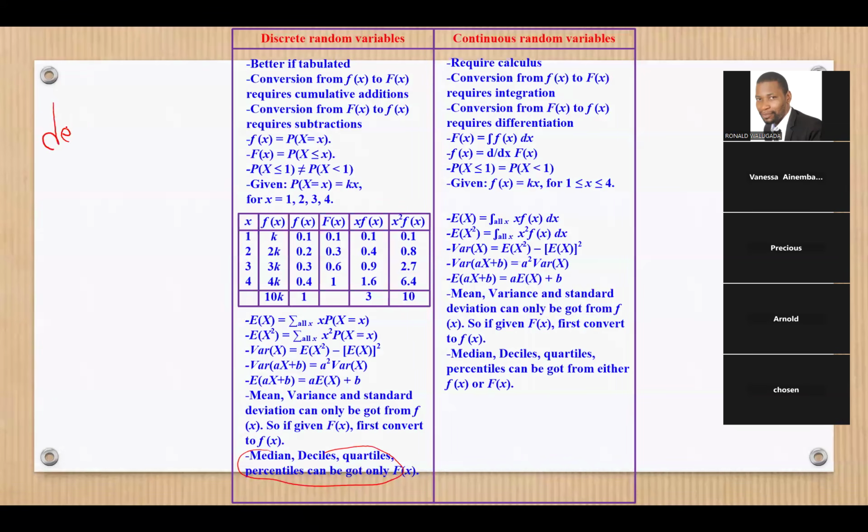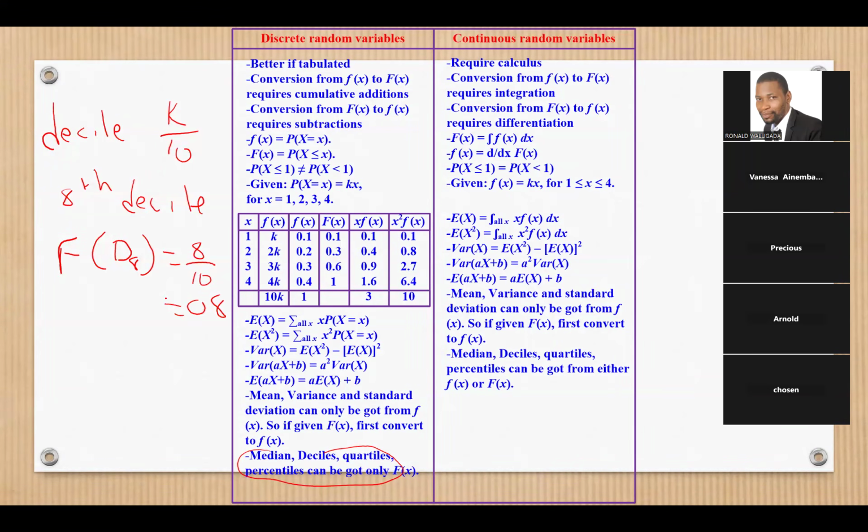For decile, remember decile is a value over 10. Let me say they want the eighth decile. What do you do? It means that you can say let the decile be D8. D8 will be 8 over 10, and that is 0.8.